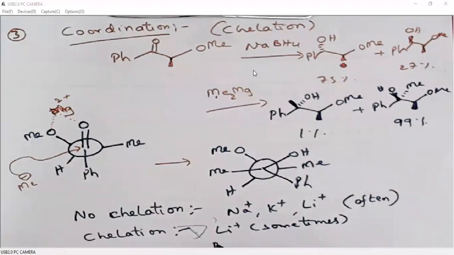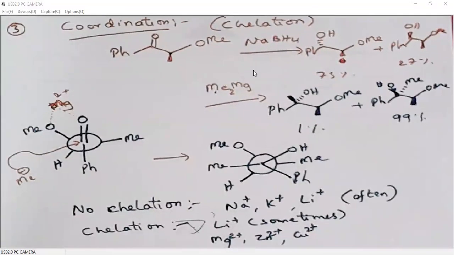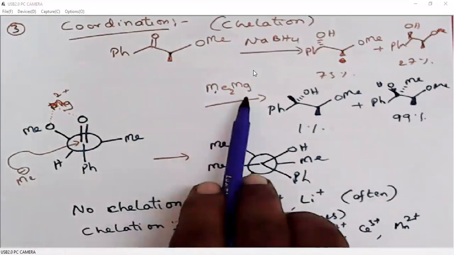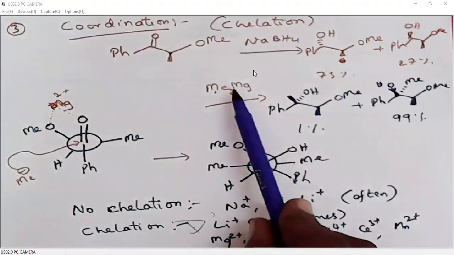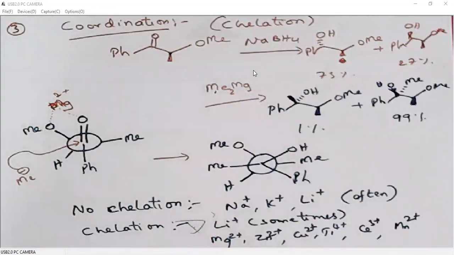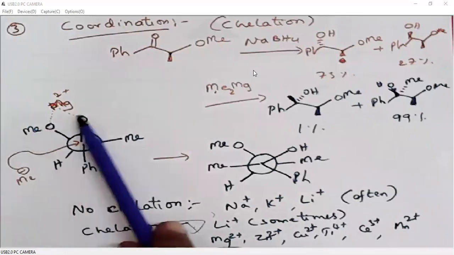When we have magnesium ion, zinc ion, copper ion, titanium 4 plus, cerium 3 plus, or manganese 2 plus, either as part of the reagent or added additionally, like in Luche reduction where we add cerium trichloride, then we will have chelation.